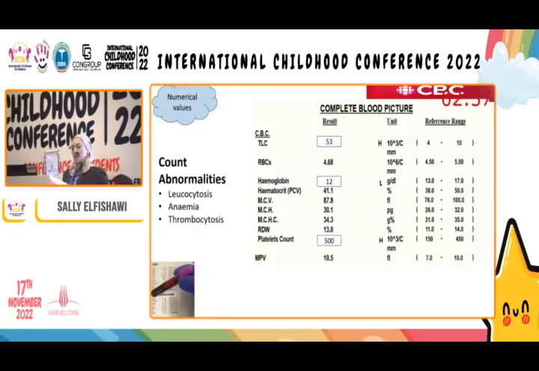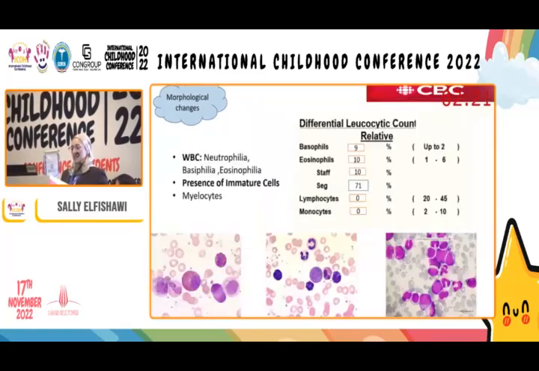The thrombocytosis is not marked, the anemia is not marked, but the TLC is high. So again, whenever you see a high TLC, please, please, please, you have to look for the morphological abnormalities. When we did the differential for this child, we found neutrophilia, basophilia, eosinophilia, and myelocytes.